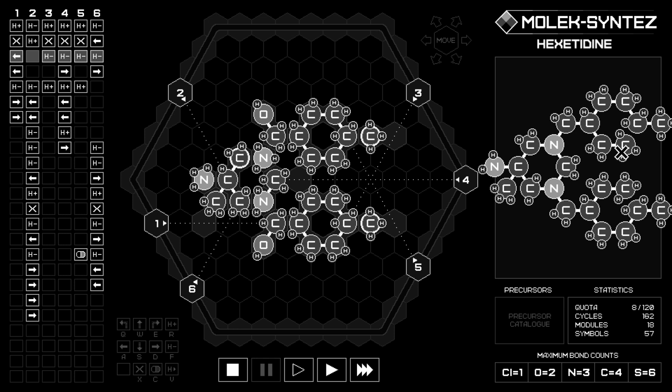And that's a key thing that I want you guys to keep in mind. Although the molecules that we present to you look different, they fundamentally have the same bonds, and the molecule you see on your screen is fundamentally the same thing. It is still hexetidine, but we just had to move the bonds around so that it looks cleaner, more compact, and ultimately fits into the build platform.